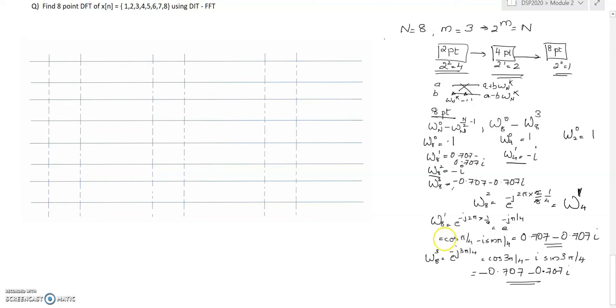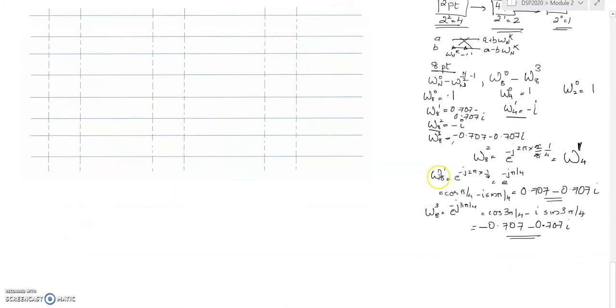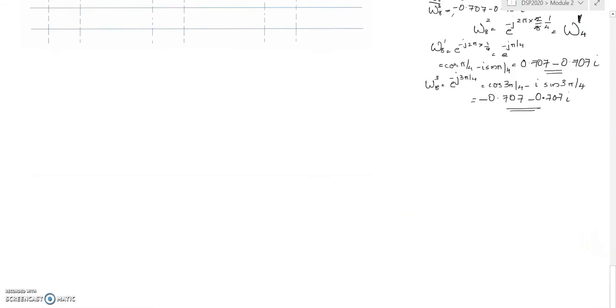So we have found out the twiddle factors. Now as part of the next operation, we are supposed to write the sequence in the bit reversed order. When we speak about bit reversed order, we need to consider our inputs as follows.